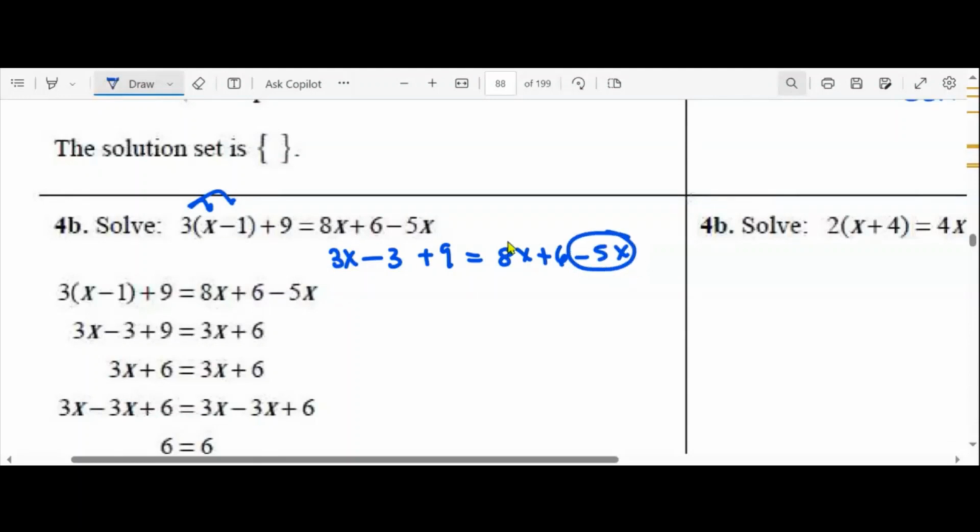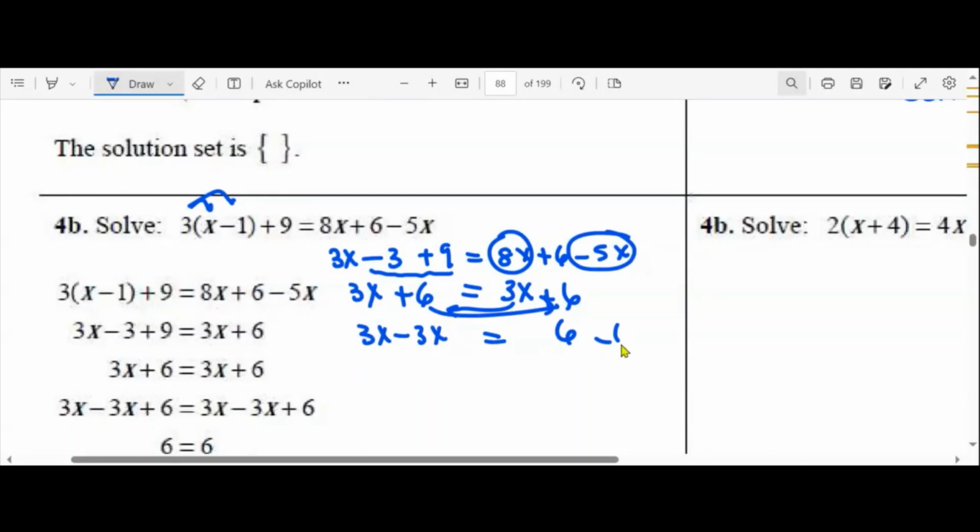Can I combine? What are you going to get? 3x plus 6. And how much here? 6 plus 3x. Then I move this to the left side. So you get 3x minus 3x. Move this to the right side. So you get 6 minus 6. So the answer equals what? 0. This is true, right? Yes.